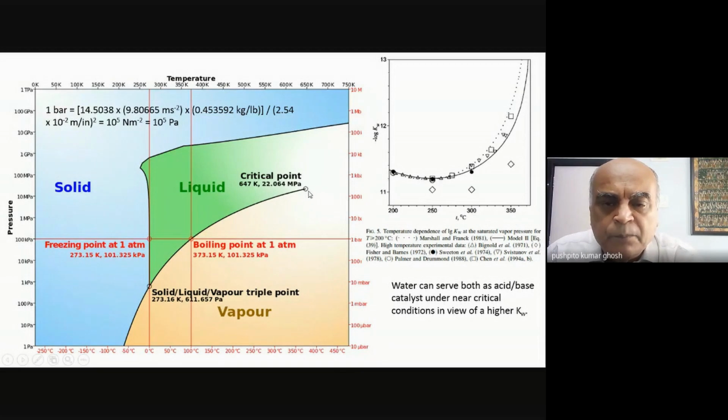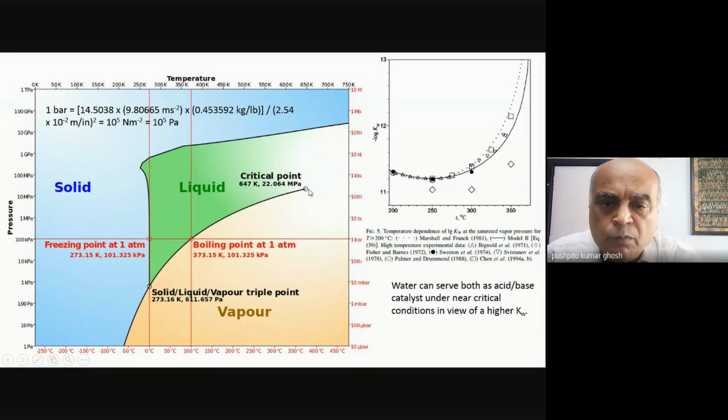And this is the point at which the liquid and the vapor become indistinguishable. They have the same density, and so you really cannot tell one from the other. It doesn't mean that there's no liquid, but it is just that they are indistinguishable. And that's the critical point. It becomes a single phase.